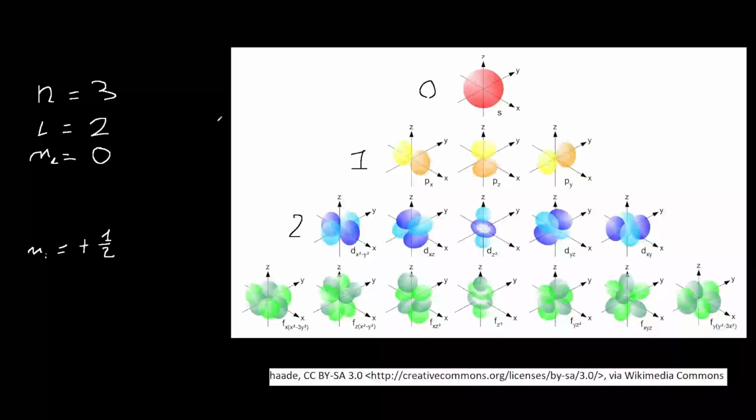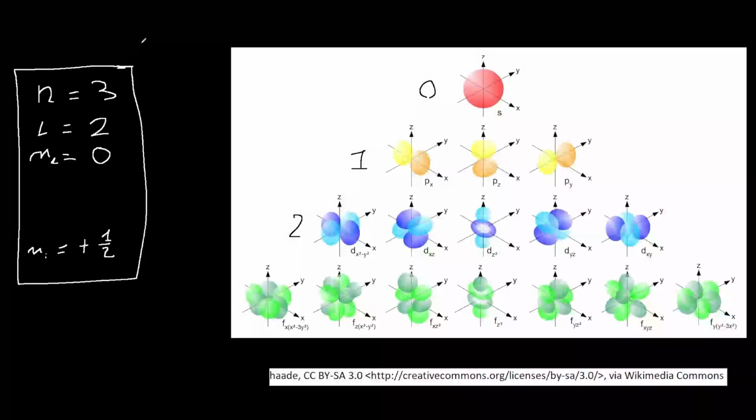Now, you might be wondering, there can only be 2 electrons in an orbital. Why is that? Well, the Pauli exclusion principle, right? We can either say that there can only be 2 electrons per orbital, or more precisely, we could define it as there cannot be an electron with the exact same quantum numbers as another electron.